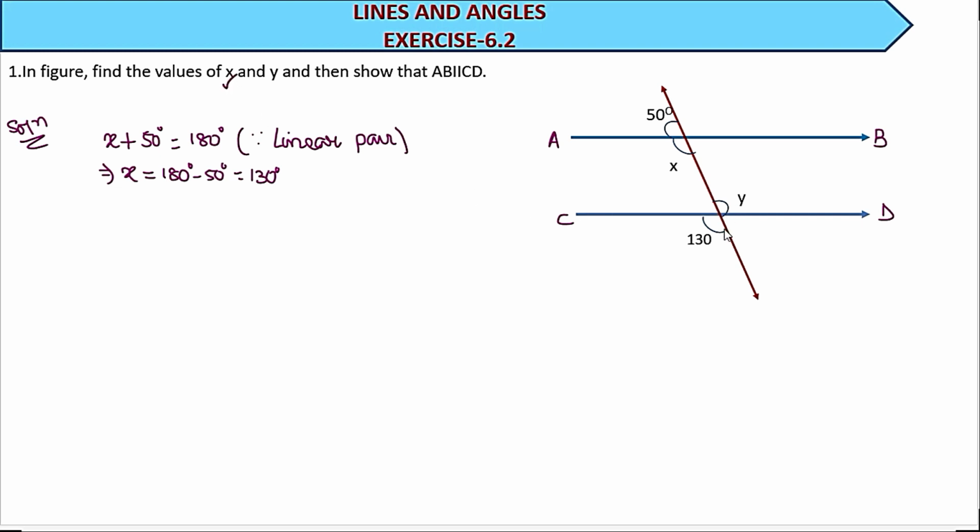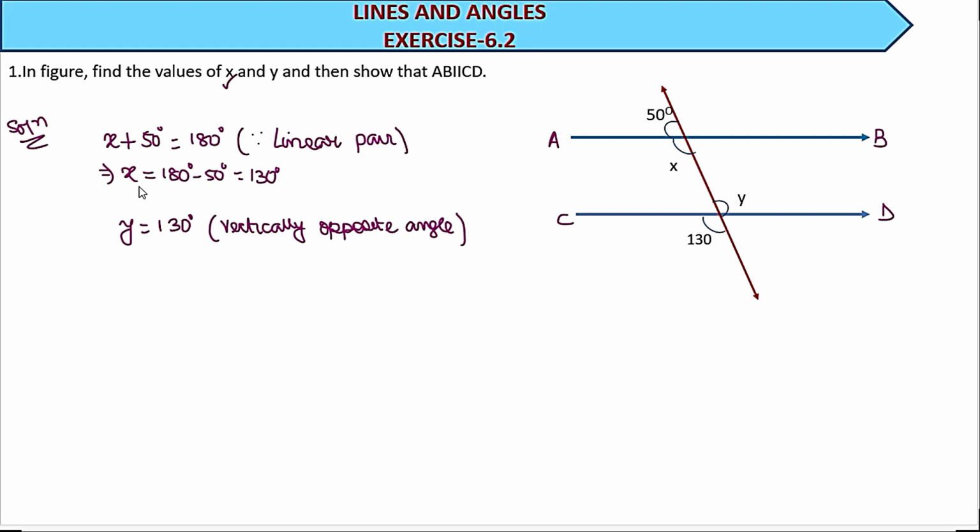Now you see here, this angle y and 130° are vertically opposite angles, and we know that vertically opposite angles are equal. So we will write y equals 130°, because of vertically opposite angles.